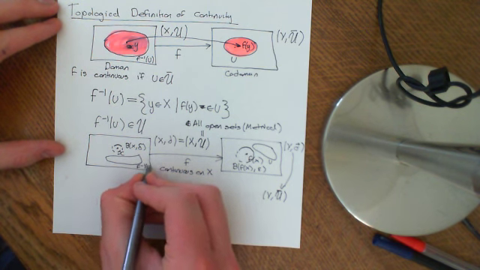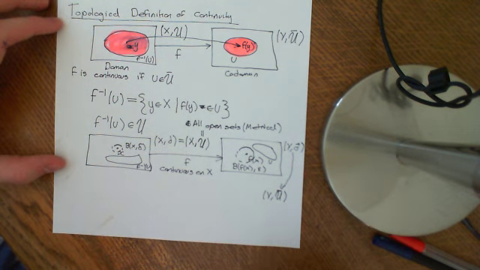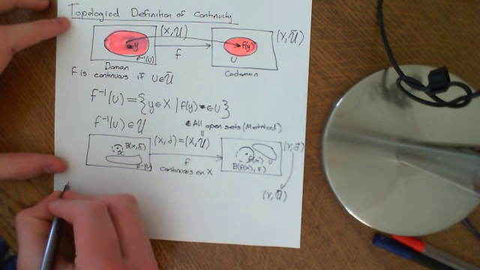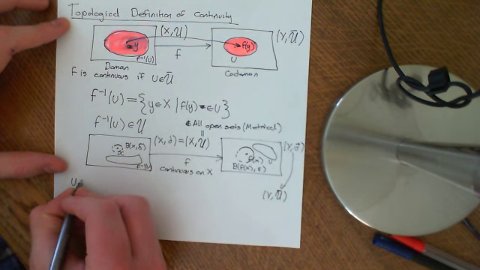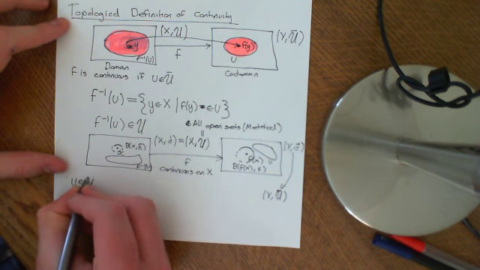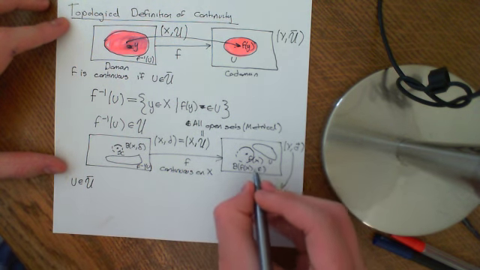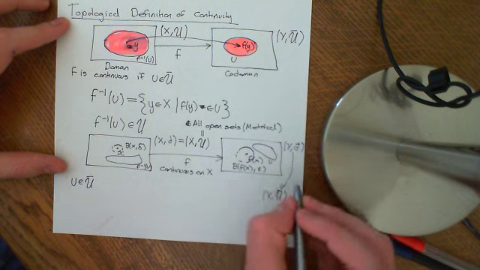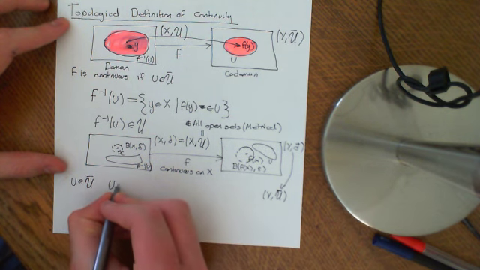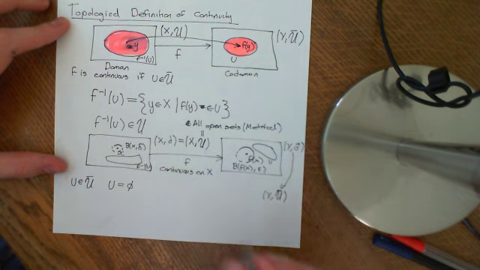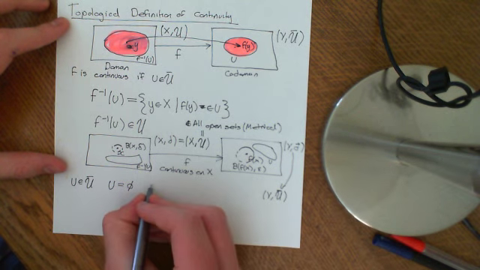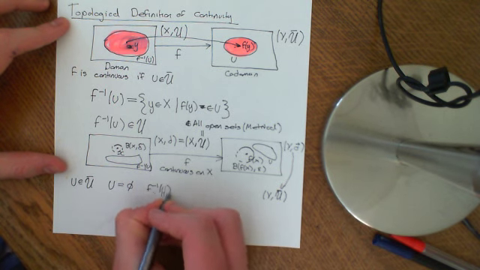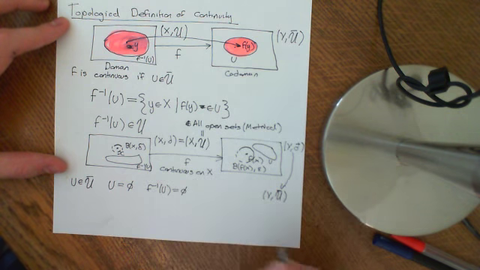Okay, so how am I going to do that? Well, let's take the set U, which is an element of this big curly U bar. This set could be empty. U could be equal to the empty set, in which case the inverse image of U, f inverse of U, is also the empty set, in which case it's open.